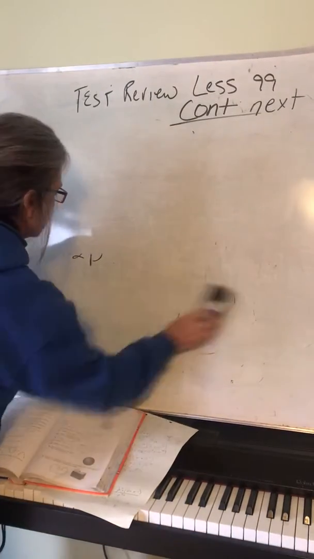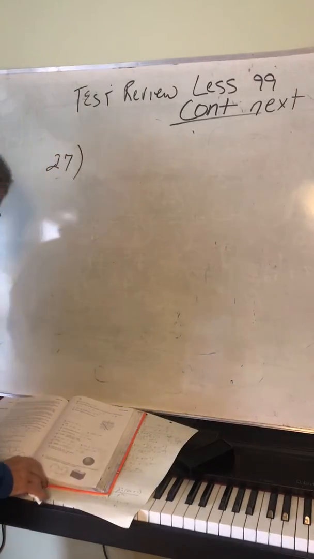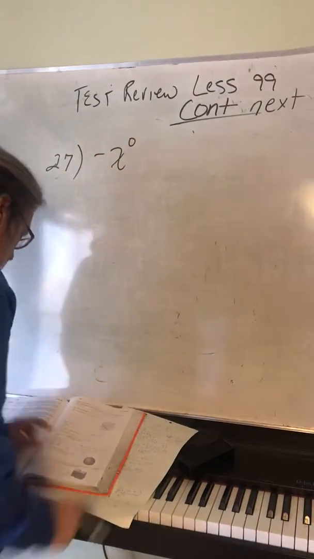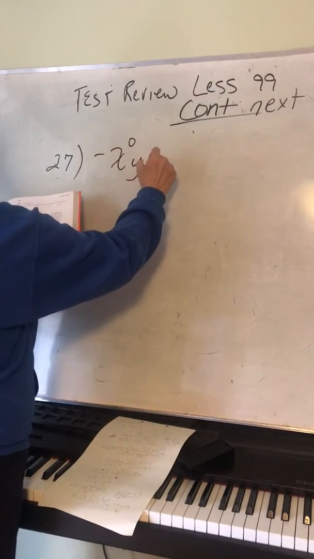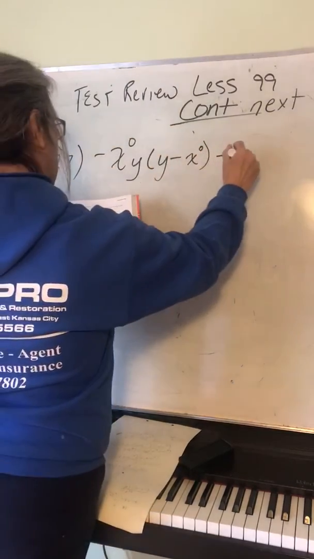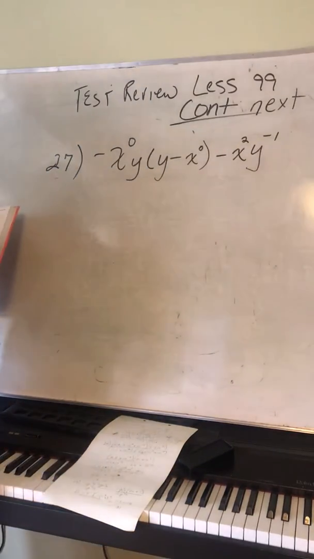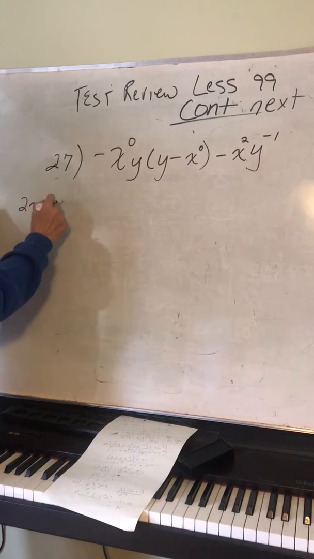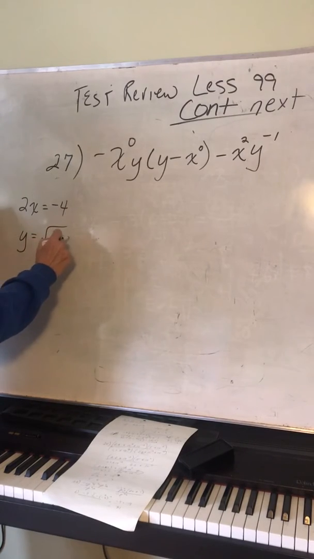Number 27 is negative x to the 0 times y, and then y minus x to the 0, and then minus x squared y to the -1, and they want us to evaluate this equation, and y equals the cube root of -64.